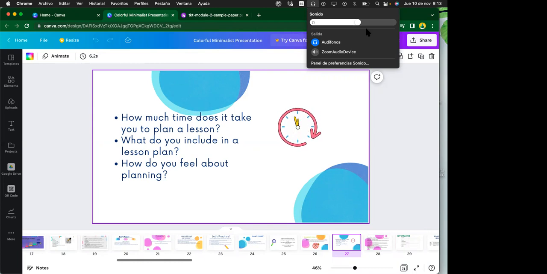So I include my material, the time, the activity, and I divide it into warm up, then taking roll, and then the activities or drills that I use. That's what I include in my lesson.